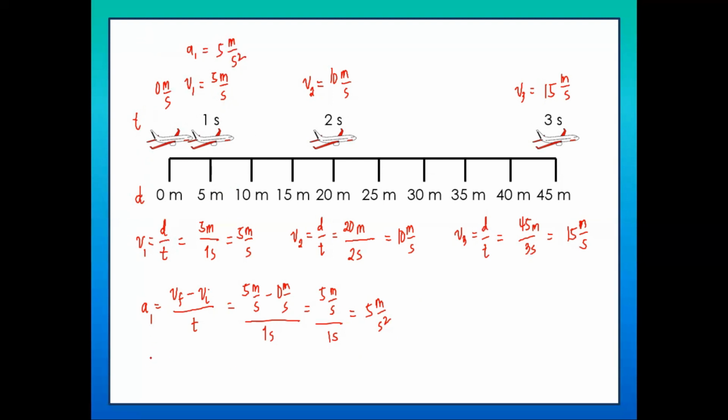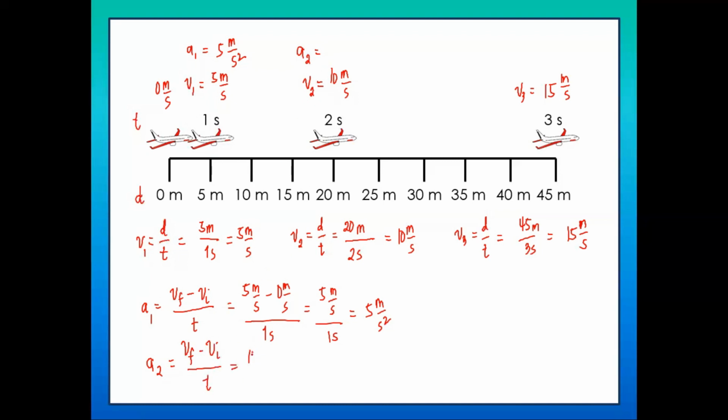Okay? Now for the second acceleration, we'll be using V sub 2 as our final velocity here, and our V sub 1 is still our initial, no, to get our second acceleration. So same equation, V sub F minus V sub I over T. Substitute the values that I mentioned.